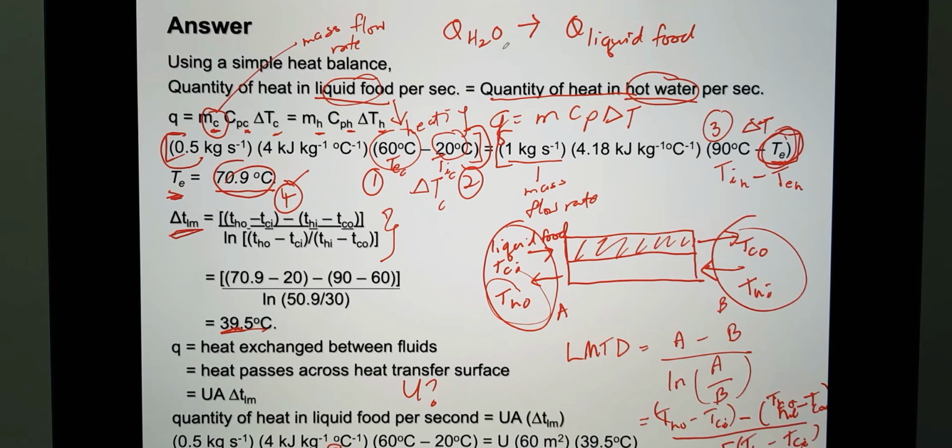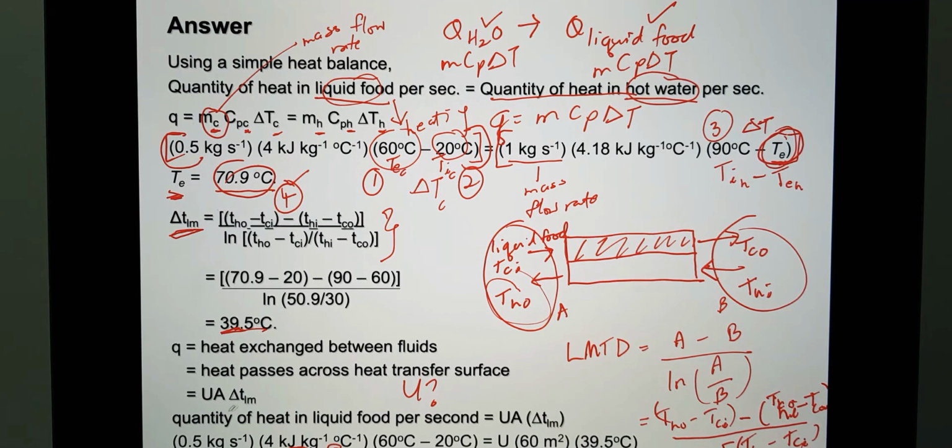You can use Q for liquid food to calculate the value for Q here, or you can use the value for Q of H2O, because for both of these Qs you know all the parameters, the M, the CP, as well as the delta T. This one is MCP delta T. So you can use either the hot water or the liquid food.